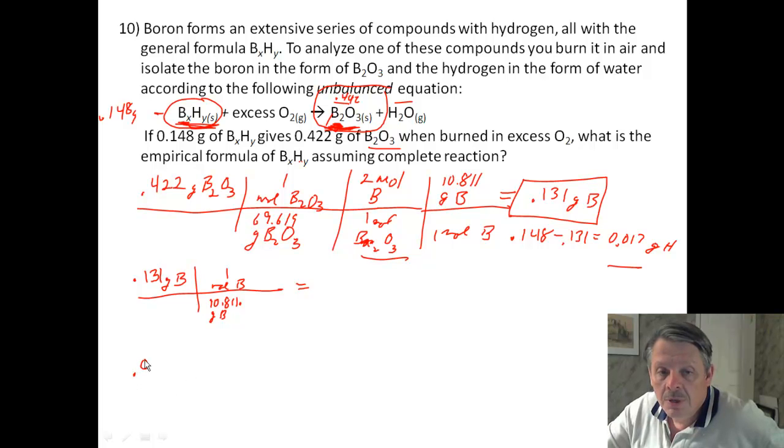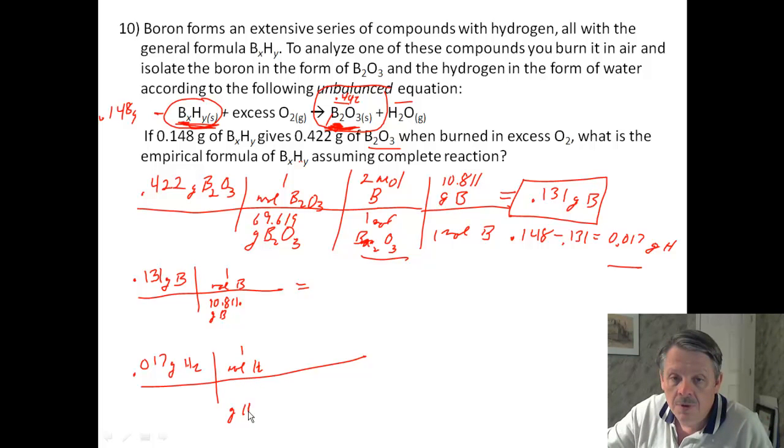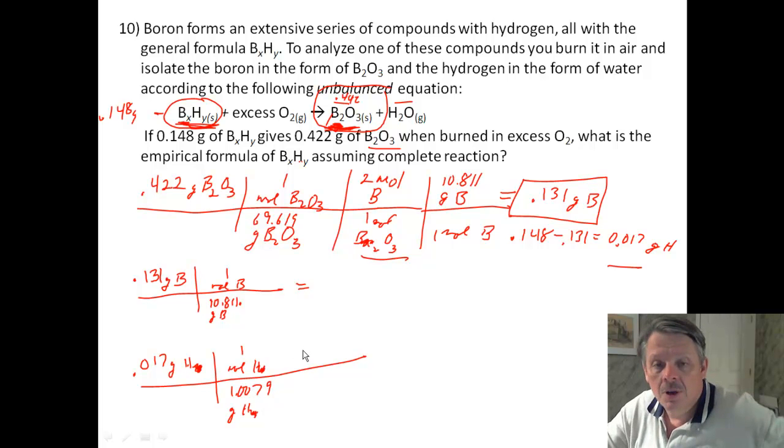It's 0.017 grams of hydrogen. And again, what I have to do is go from grams of hydrogen to moles of hydrogen. Those are just H's, not H2. My bad. 1 mole of hydrogen weighs 1.0079 grams. Okay. So that gives us a number.